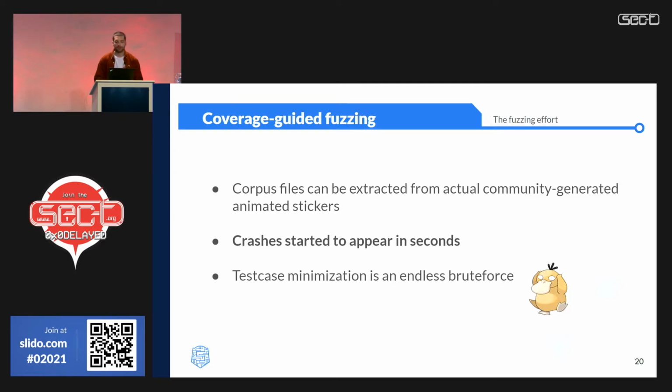A thing to note here is that not only is minimization going to be a brute force, but also the root cause analysis will be hard since you don't actually know which part of the animation is crashing the library.